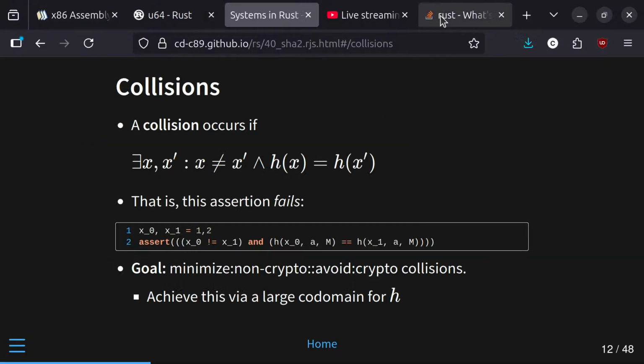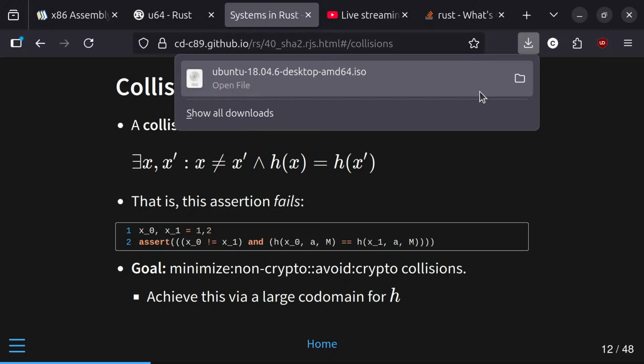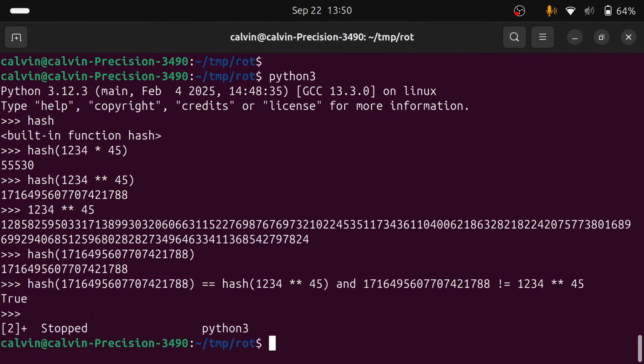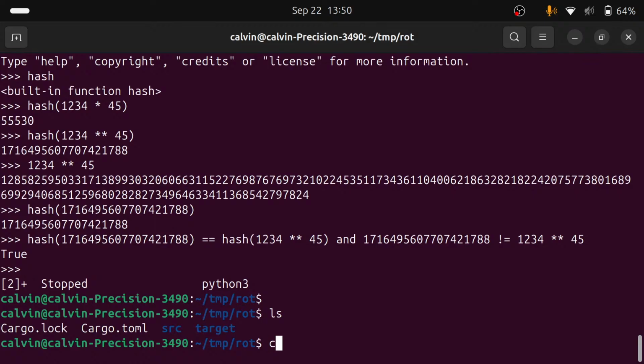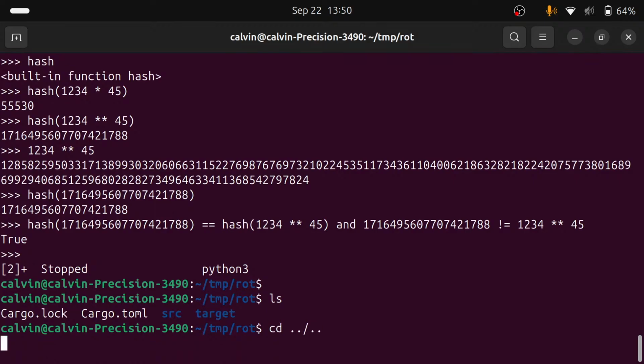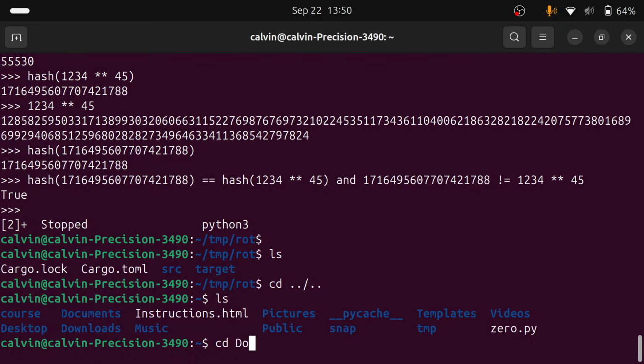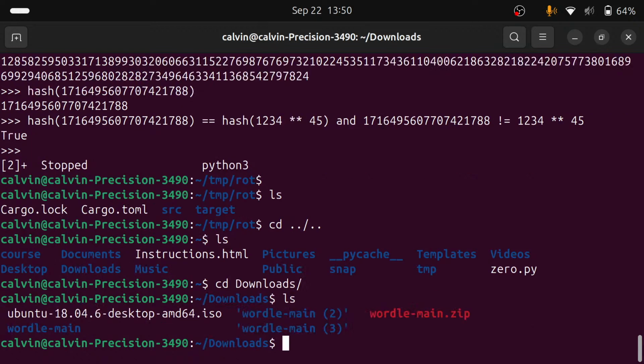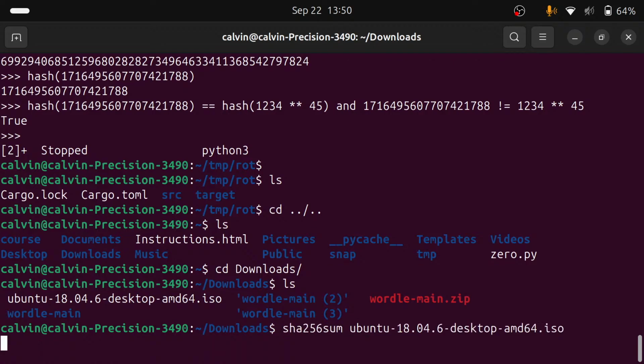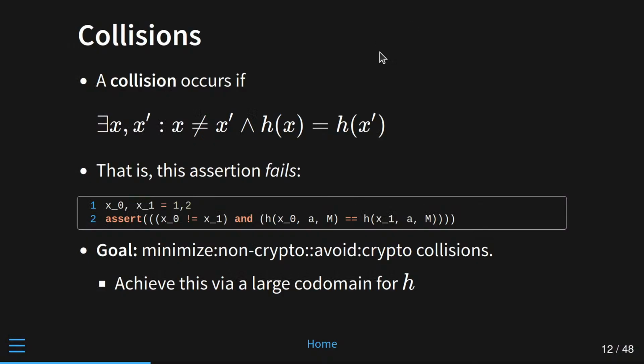And at this point in time, I think we should probably assume that we finished downloading this file, and we should go see if we got the correct hash for it. So let's see if we can do that. Wait, where's downloads? Okay, so I have Ubuntu there, and I can sha256 some Ubuntu, and that will probably take some time.